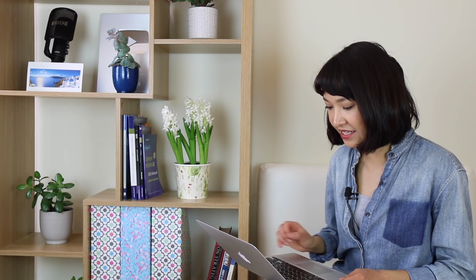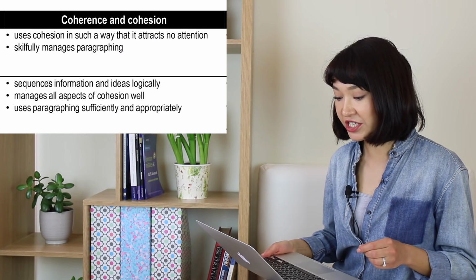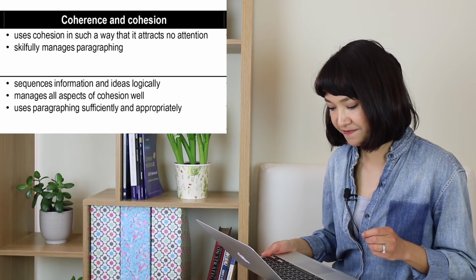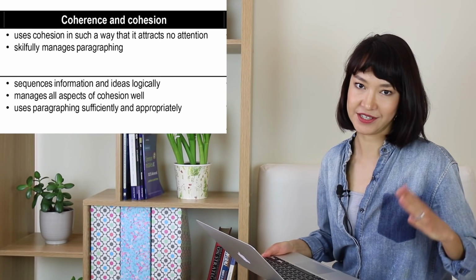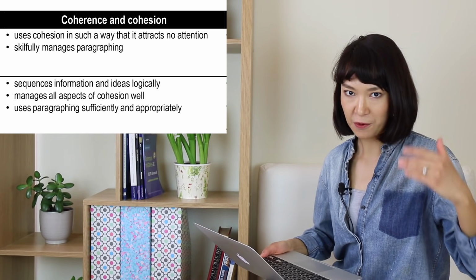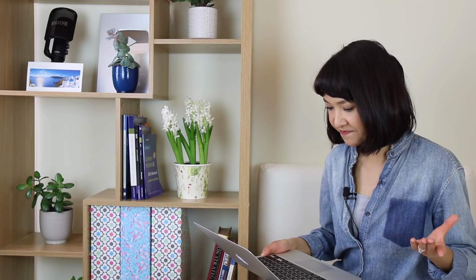Now, I want to show you how to fulfill the next coherence and cohesion requirement. Use cohesion in such a way that it attracts no attention. All sentences in your essay should be linked together. Each sentence should follow from the previous one, and there are a number of ways to link them. I'm going to show you a couple here.